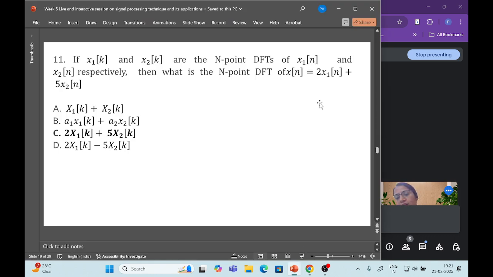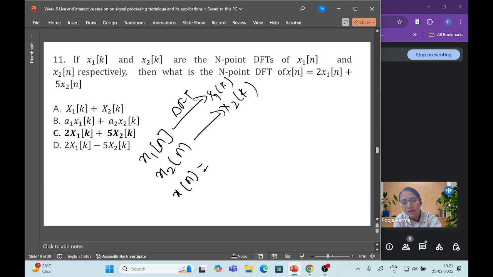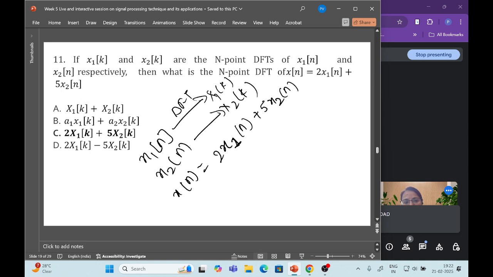Already we know that the DFT of x1 of n is X1 of k, it is given, and the DFT of x2 of n is X2 of k. So what will be the DFT of x of n, that is given as 2 x1 of n plus 5 x2 of n.